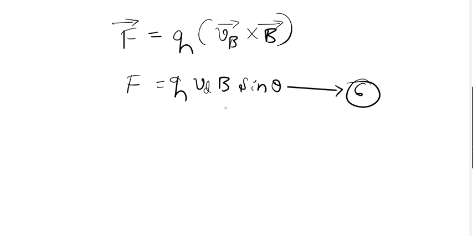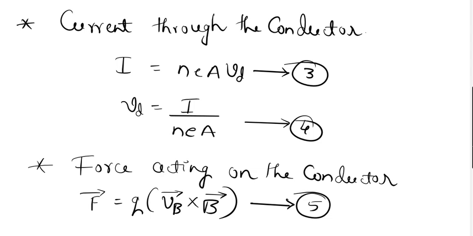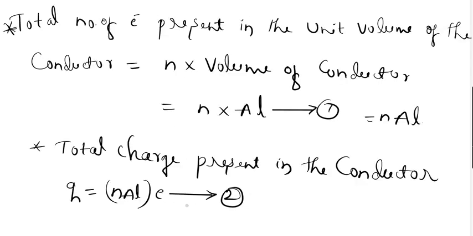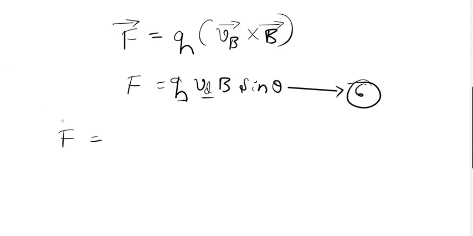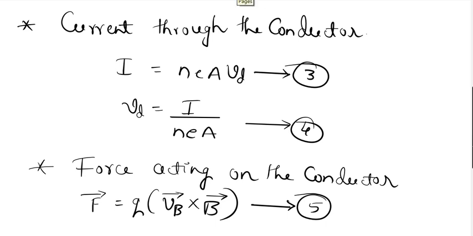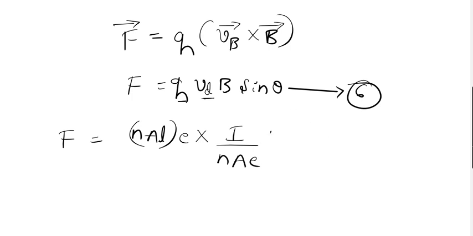Now if you consider the value of VD and the value of Q, from equation number 2, Q is nALe, and from equation number 4, VD is I divided by nEA. Substituting, we get nALe into I divided by nEA into B sine theta.